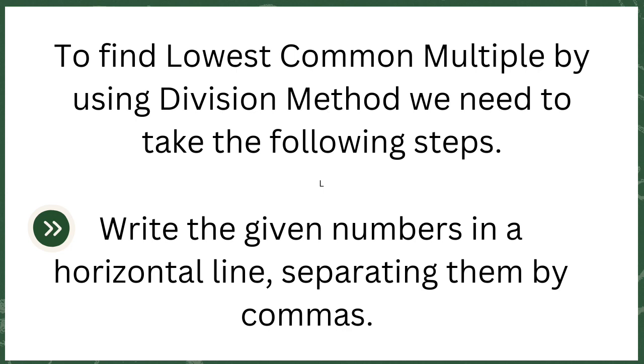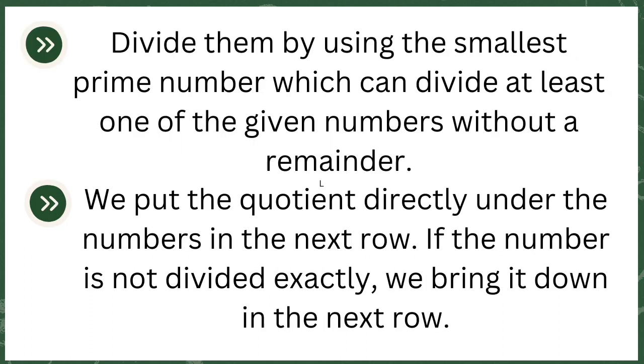When we use the division method, we simply follow these steps. Number one, write the given numbers in a horizontal line, separating them using commas. So we are going to write this set of numbers we want to find the LCM of and separate them using commas.